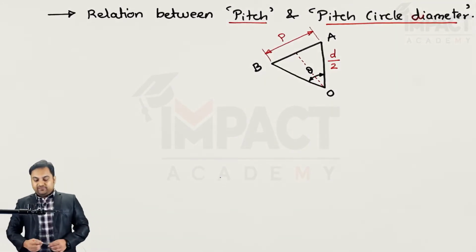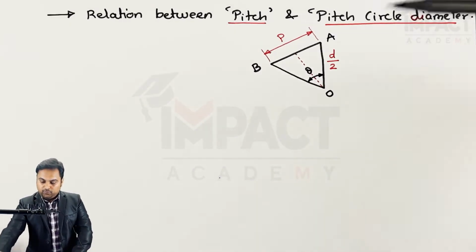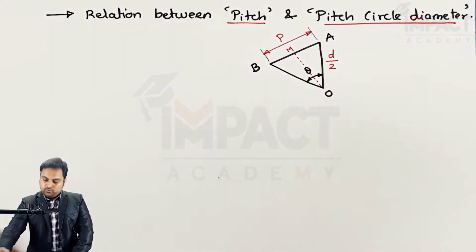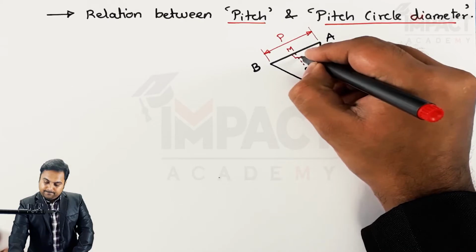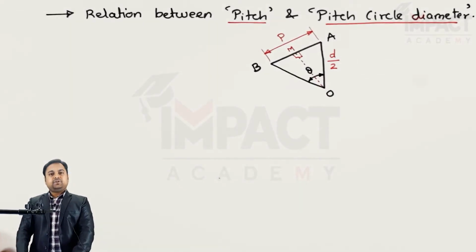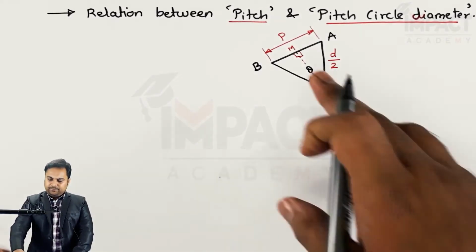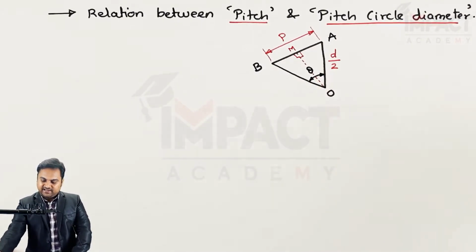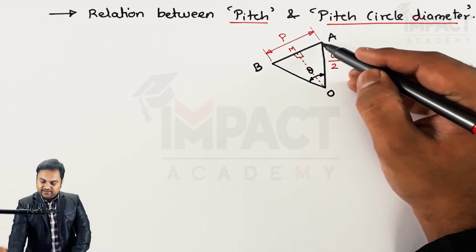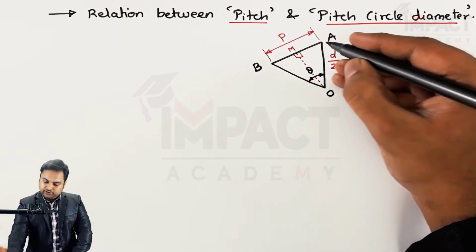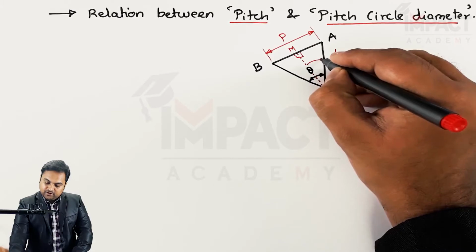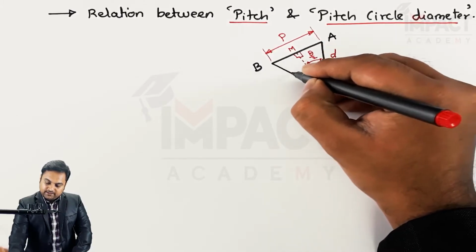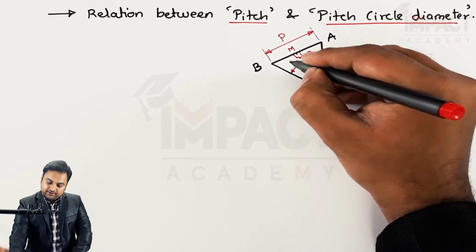Next, I have drawn this perpendicular OM, perpendicular to AB. Now, in order to find the pitch, I'll divide this triangle into two parts. Taking this triangle AMO, the angle AOM will be exactly half. This will be theta by 2, and so the remaining angle will also be theta by 2.